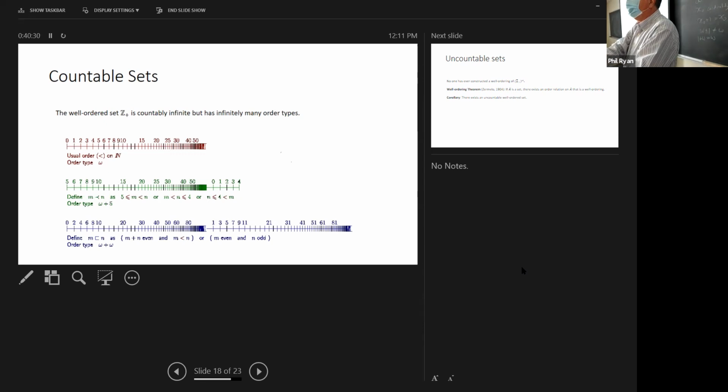I just added a new one in, so it's got the same order type. In fact, you can do all kinds of interesting things, like 1 plus omega equals omega, but omega plus 1 does not equal omega. So it's a weird thing.